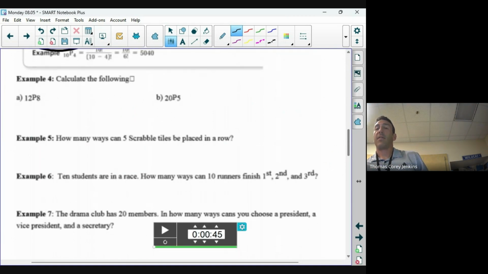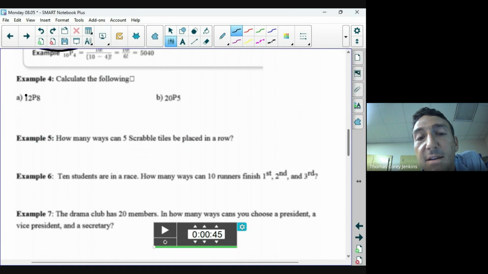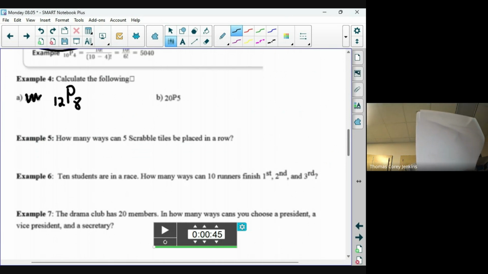All right, so the font on this looks a little funky. The 12 and the 8 should be smaller, so let's just mark that out and write it how it normally should look. Little 12, big P, little 8. All right, so if I'm doing this without a graphing calculator, that's just going to be 12 factorial divided by 4 factorial.